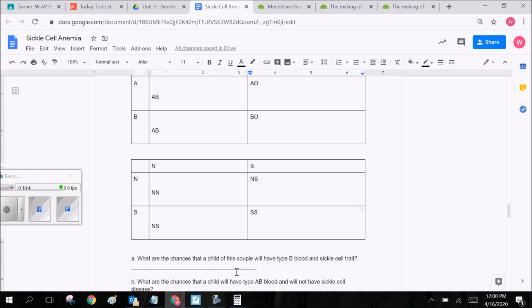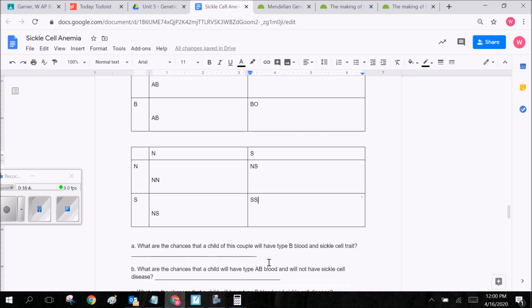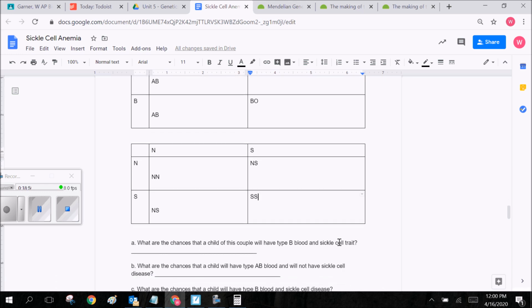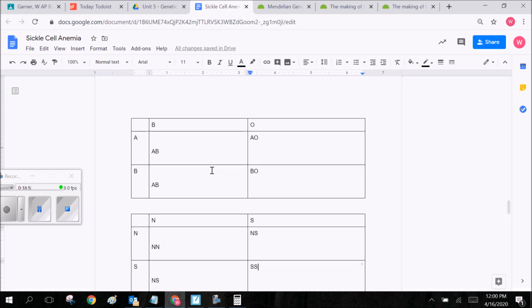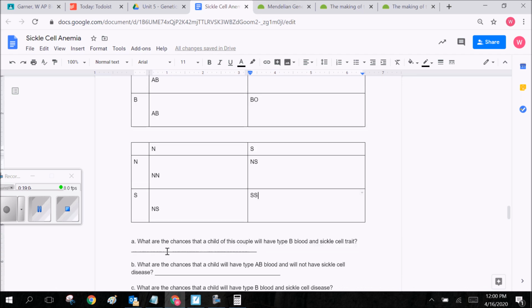Now, what are the chances that a child of this couple will have type B blood and the sickle cell trait? So if you look up here, this is really cool. We can just do kind of what we did before. How many of these kids have type B blood? Well, this one is the only one with the type B blood, so it's a 1 in 4 chance. So that's 0.25, 25% chance. Multiplied by sickle cell trait. There's a 50% chance that they'll have the sickle cell trait, so times 0.5.